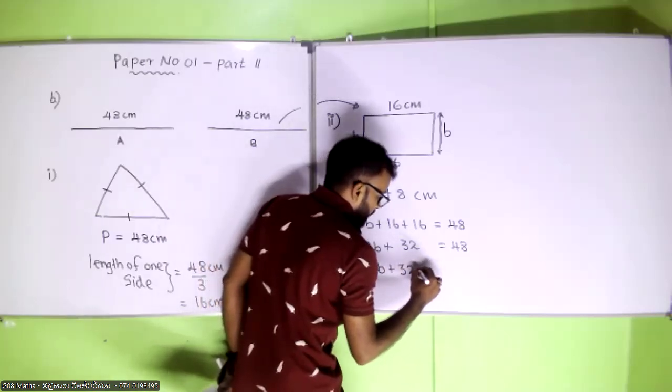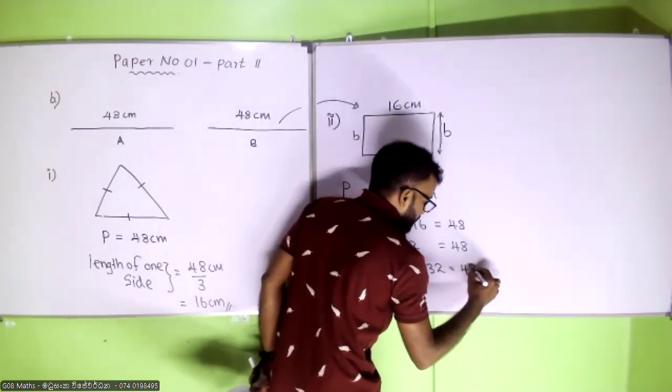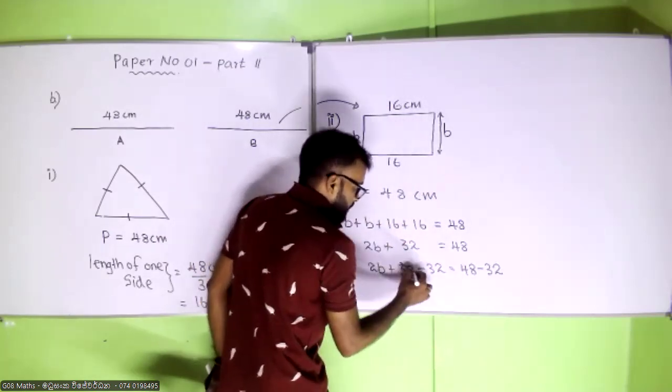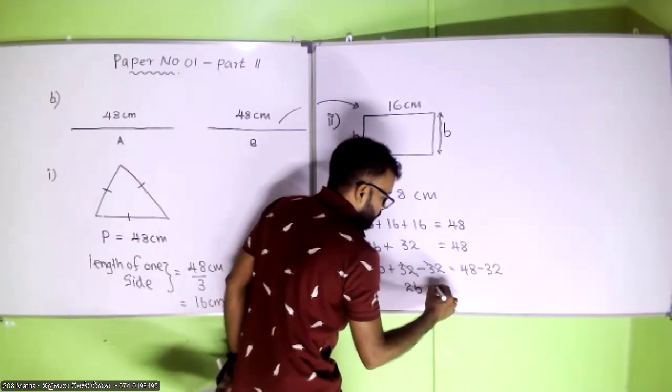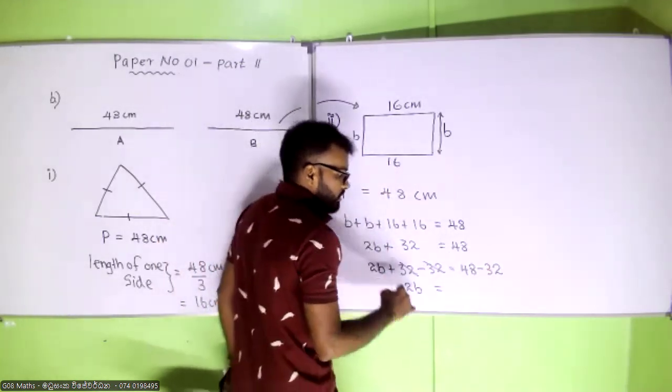They cancel out, so on this side you have 2b, equals 48 minus 32, which is 16.